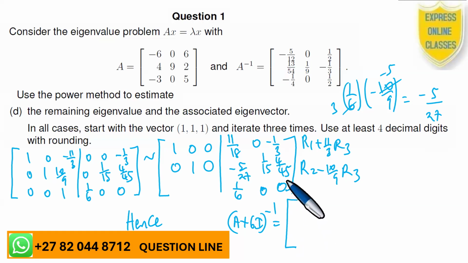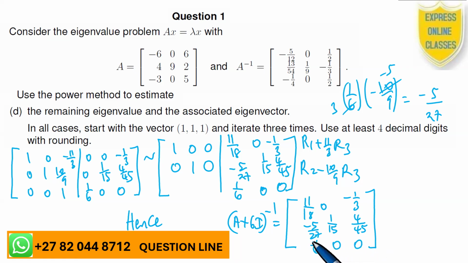We find this inverse is 11 out of 18, 0, minus 1/3, minus 5 out of 27, 1 out of 15, 4 out of 45, 1 out of 6, 0, 0.